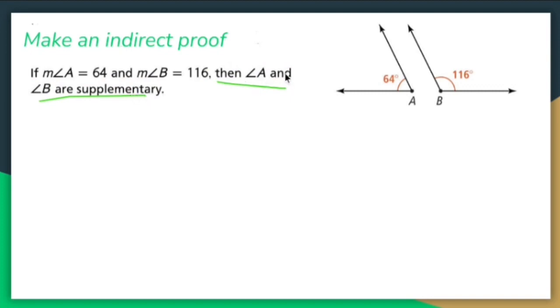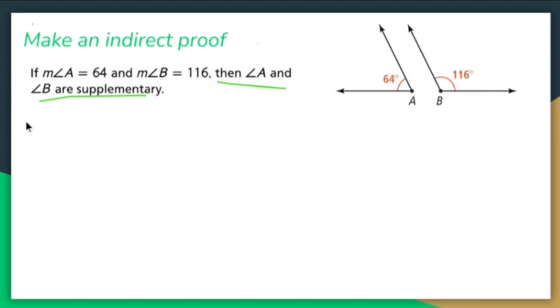We're going to assume that they're not supplementary. Then we do some math, find out that we're wrong, and therefore they must be supplementary. Okay, so that's indirect proofs in a nutshell. You assume the second part is a lie, do some math, and find out, whoopsies, I was actually wrong by assuming that, therefore the original must be true.